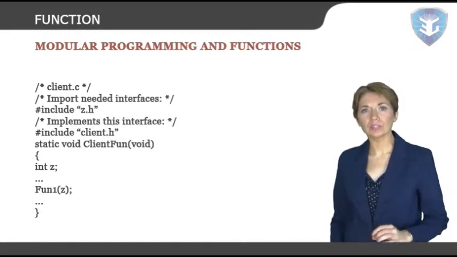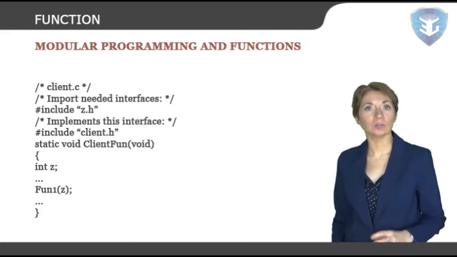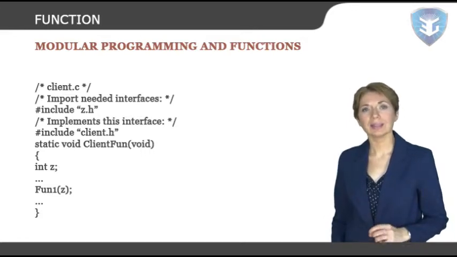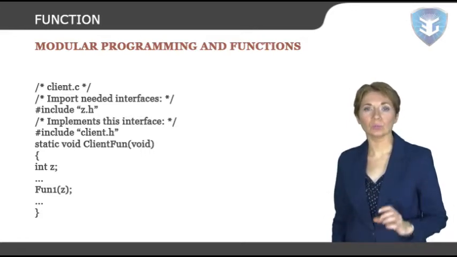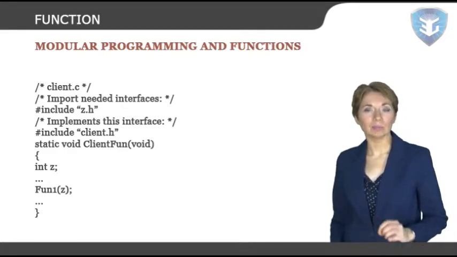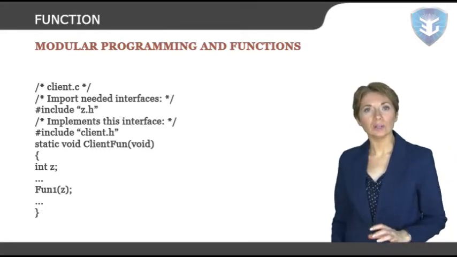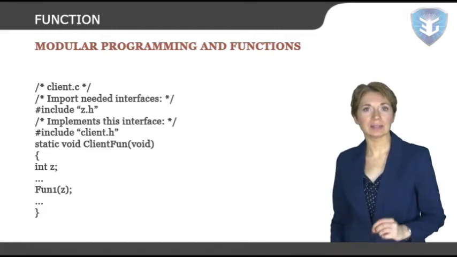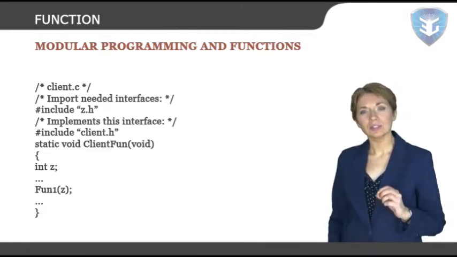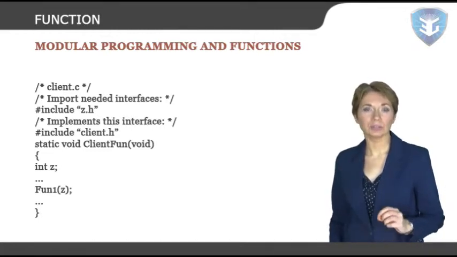Since the module interface gets included in the module's implementation source file, the actual function definition will be zfun1. When z.c is compiled, the function will be named zfun1 in the object file. If a client module fails to import the interface definition for z, its use of fun1 will compile to fun1.